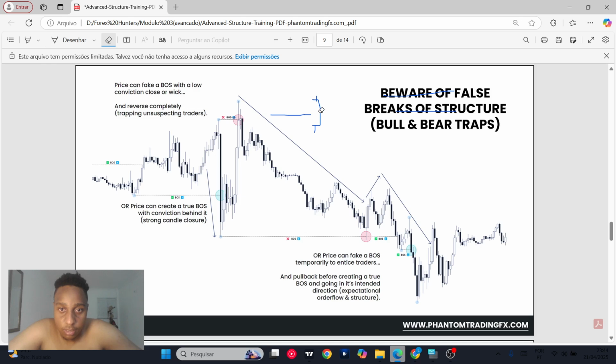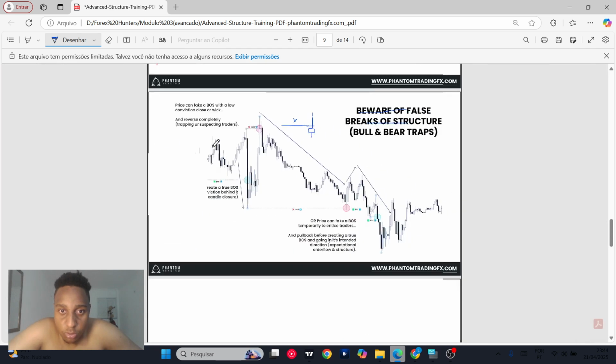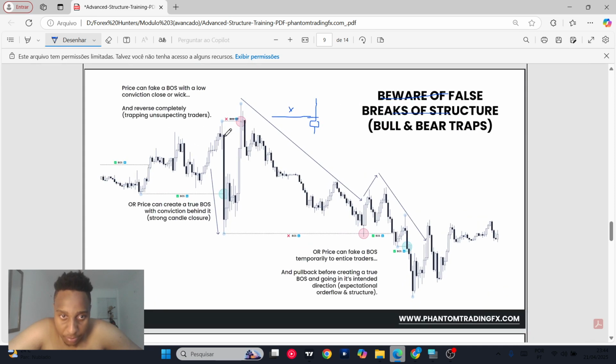So if price creates a wick and then closes back like this, it is not a break of structure. This is a false break of structure. We call this turtle soup or liquidity sweep, but you will learn this in a later lesson. This is only about market structure.